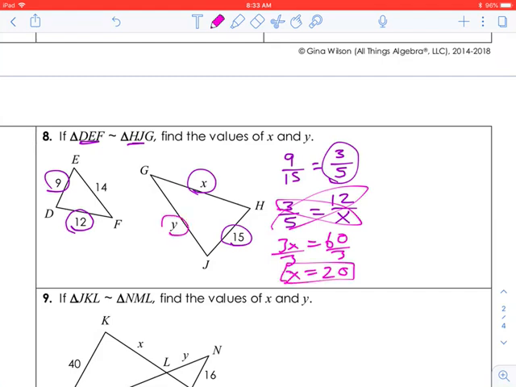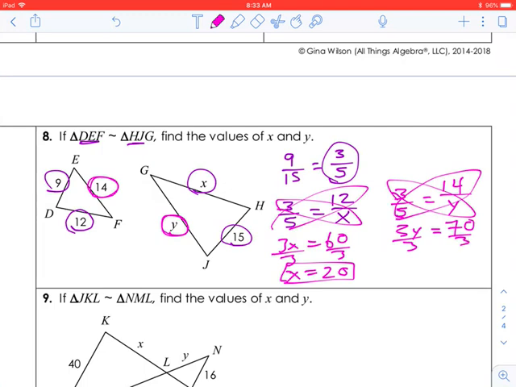So y and 14 go together. EF, JG. So 14 over y. So 3 over 5 is again my scale factor. So we've got y times 3, and then 5 times 14, which is 70.